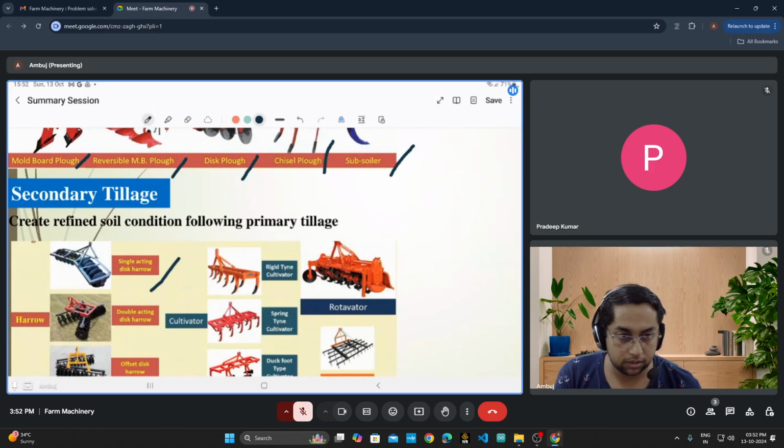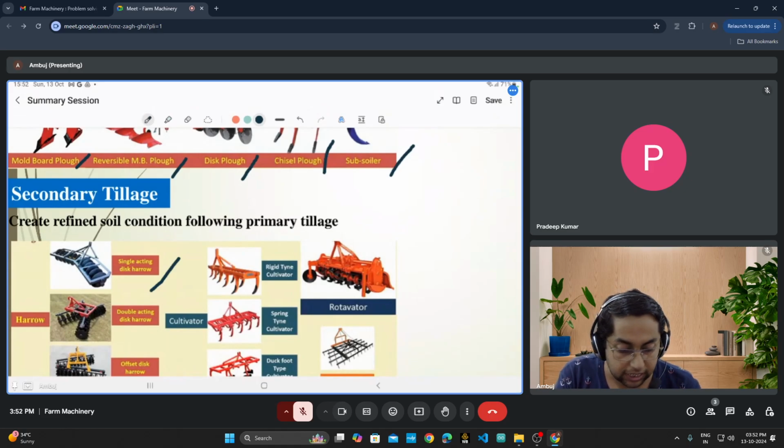It is run after primary tillage is completed. And what is the purpose of secondary tillage? To break the fine clods of the soil and make a level bed for crop seed placement.